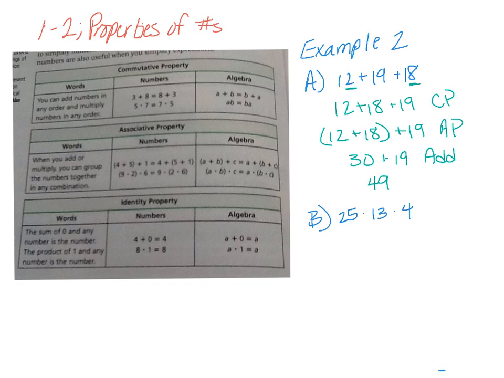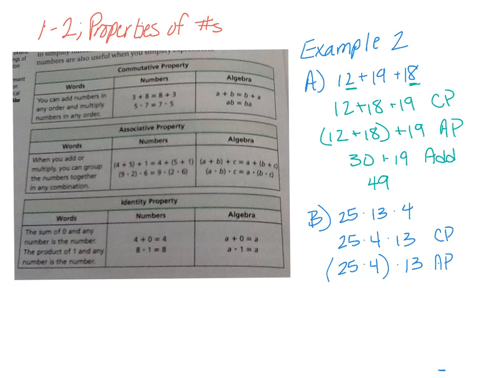And if I was going to choose between multiplying 25 by 13 and multiplying 25 by 4, I would choose to multiply 25 by 4 first, because that's easier. So we reordered. We can multiply in any order, which is the commutative property. Okay? Now I want to show that you must multiply 25 times 4 first. So I'm going to put those in parentheses, because order of operations says what's in parentheses you must do first. That is the associative property.